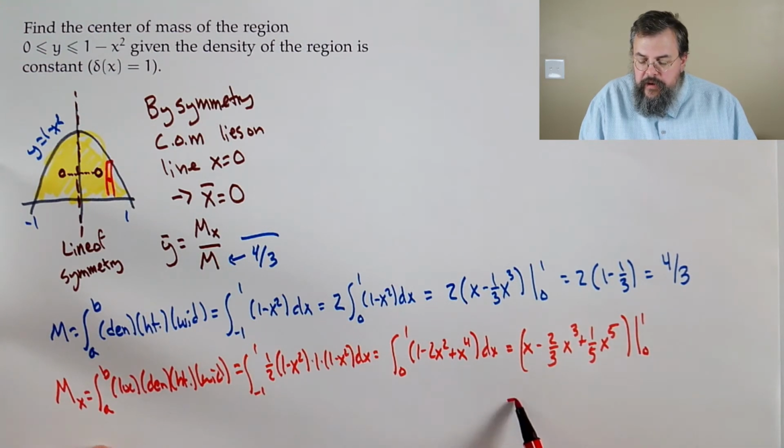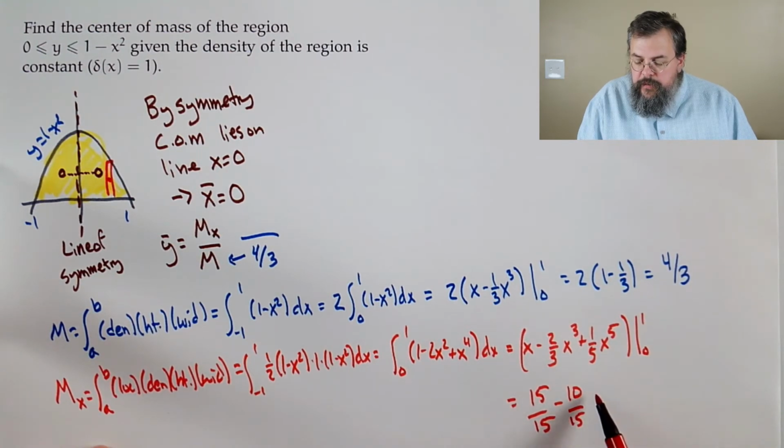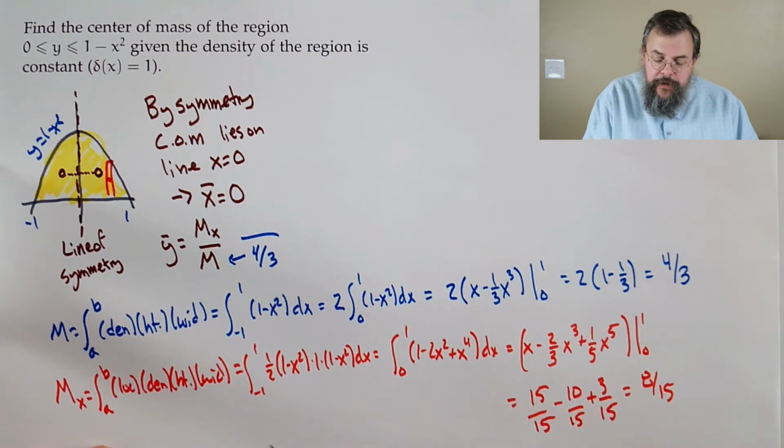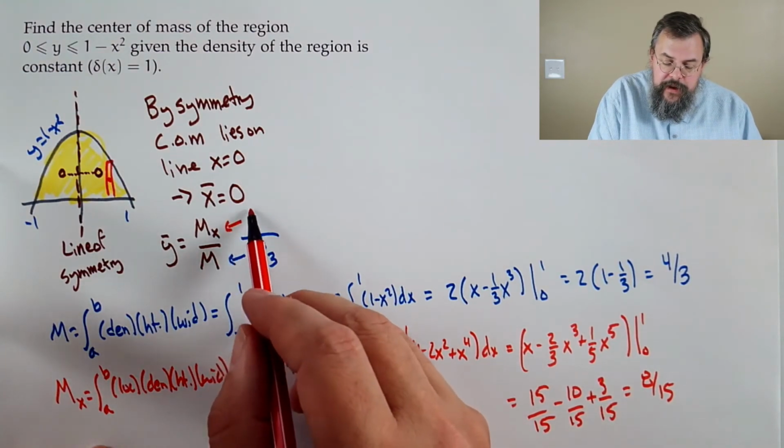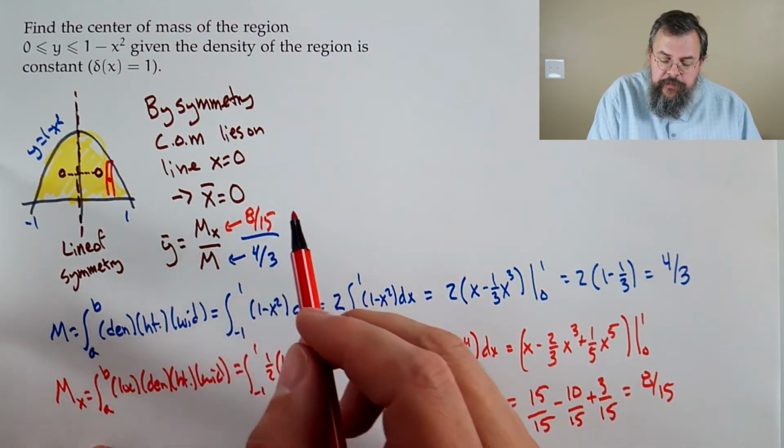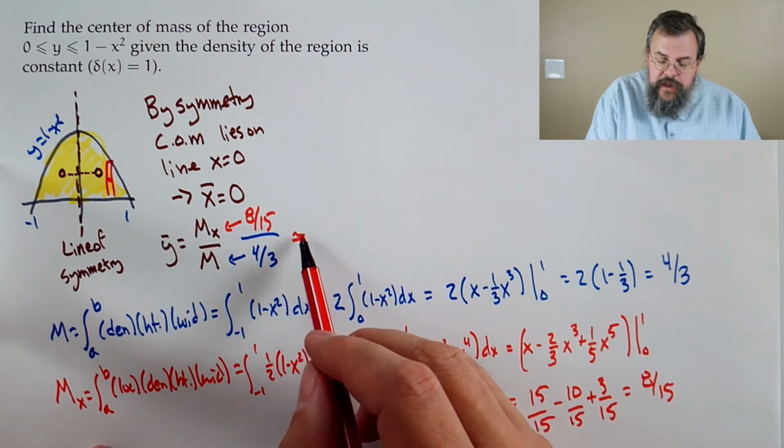Well, that's 1, 15/15, minus 2/3, 10/15, plus 1/5, which is 3/15. Put it all together, you get 8/15. And you might be thinking, whoa, this is feeling really familiar. Well, it probably should.